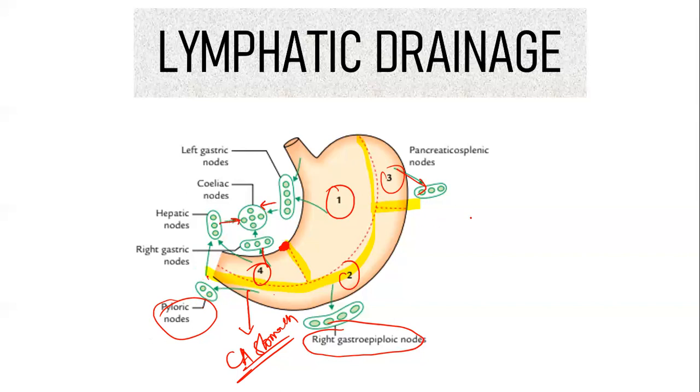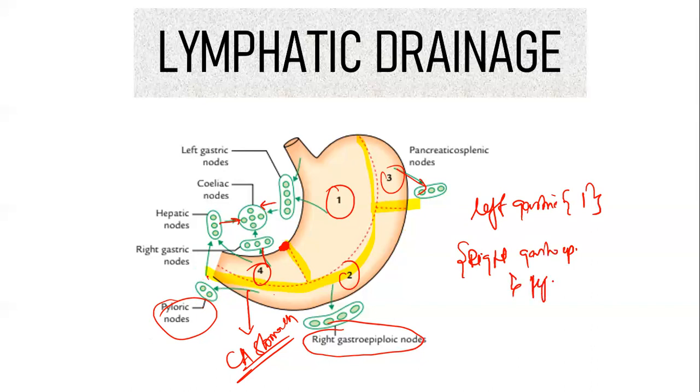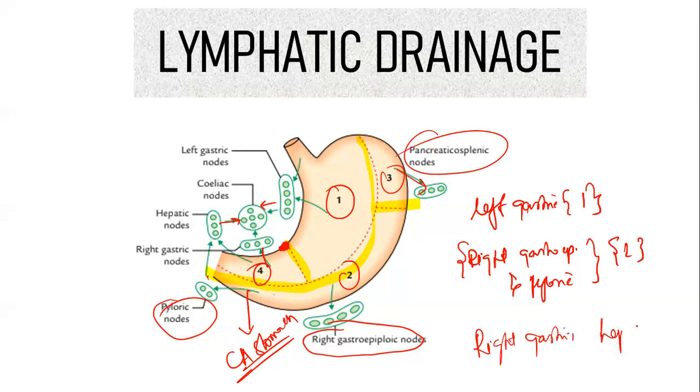If you want me to summarize, you have left gastric nodes from area 1. Area 2 drains to the right gastroepiploic and pyloric nodes. Area 3 is the pancreatico-splenic nodes. Area 4 has the right gastric nodes and drains directly into the hepatic nodes.